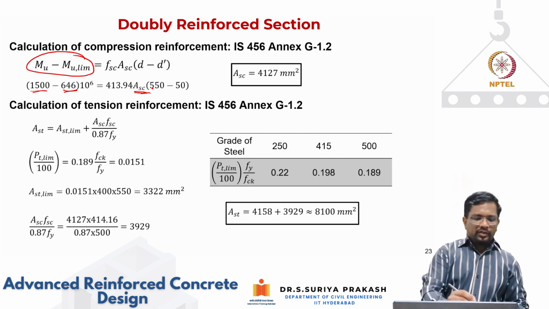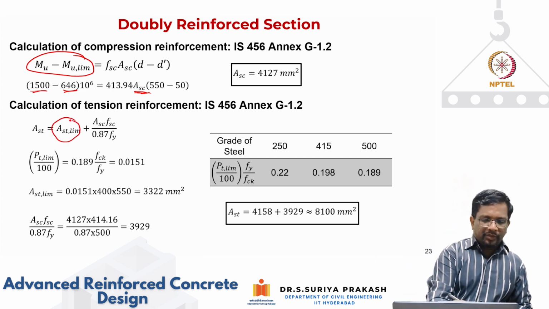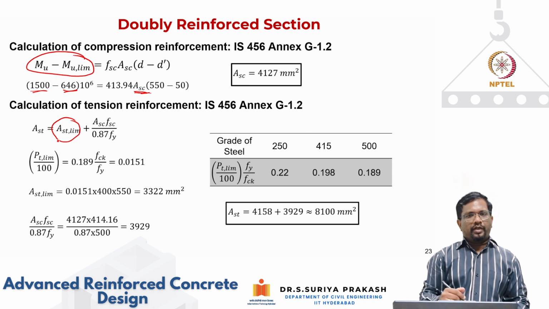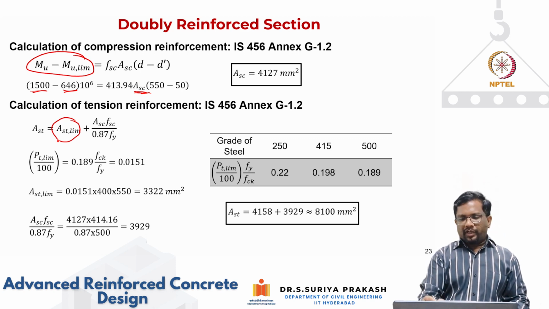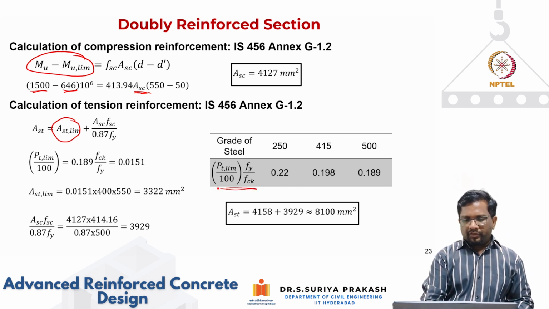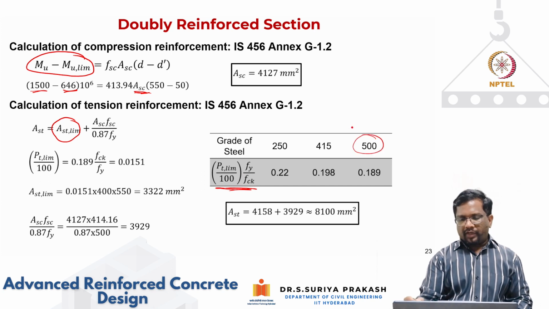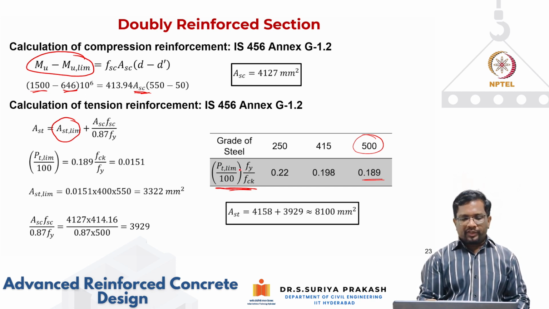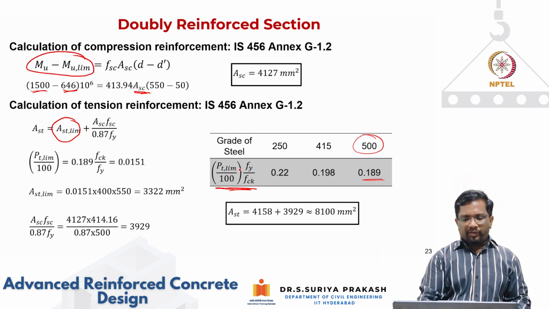Now this is your Ast. One is your Ast limit that we have already done for a singly reinforced section. Again, we have derived this. For Fe 500, it is 0.189. So from this, what is pt limit? It is going to be 0.189 multiplied by fck divided by fy.